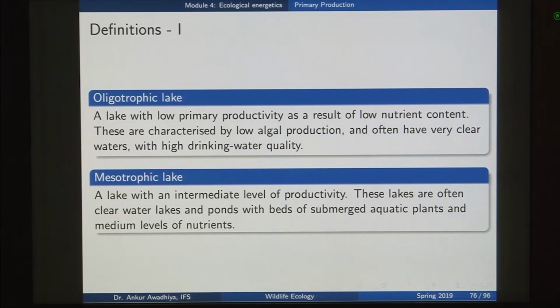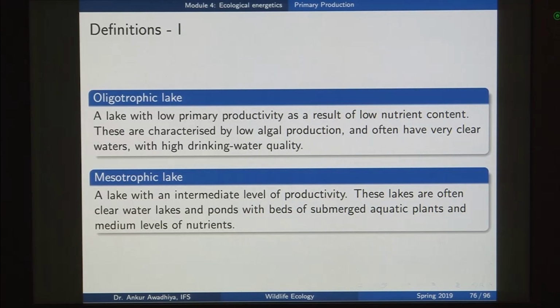And when this glacier melts and it forms a lake, that lake also has a very small amount of different minerals. So, it has very low amounts of nitrogen, phosphorus, potassium, calcium and so on. Now, if that is the situation, the lake will not be able to support heavy plant growth. So, you will have an oligotrophic lake with a low amount of primary productivity. These are characterized by low algae production and often have very clear waters with high drinking water quality.